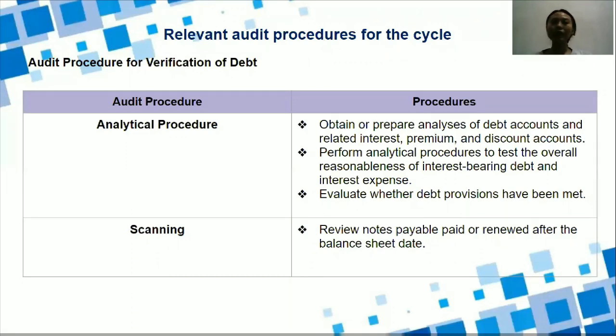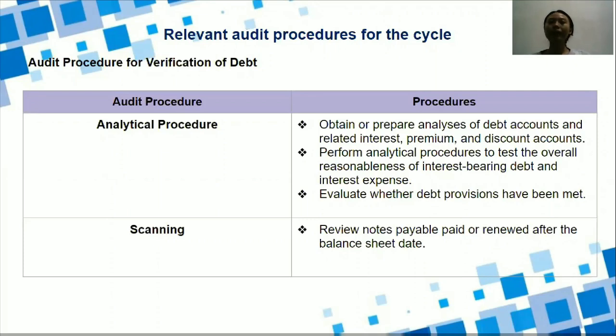Okay, the first one is about the analytical procedure. The auditor can do it by obtaining or preparing an analysis of debt accounts and related interest, premium, and discount accounts. They can also perform analytical procedures to test the overall reasonableness of interest-bearing debt and interest expense.